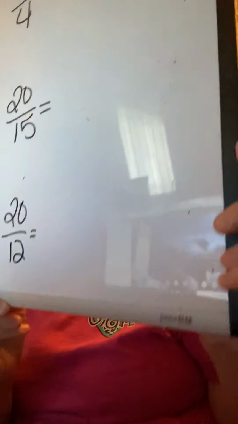Number 8 is 12 over 4. Number 9 is 20 over 15. Number 10 is 20 over 12. So there are the problems if you need them.